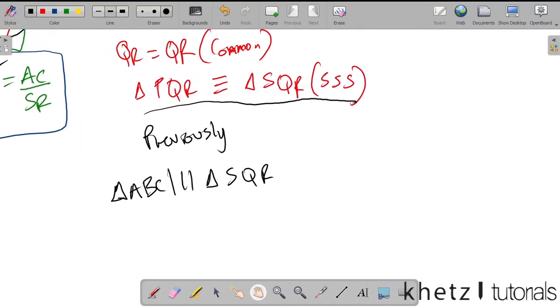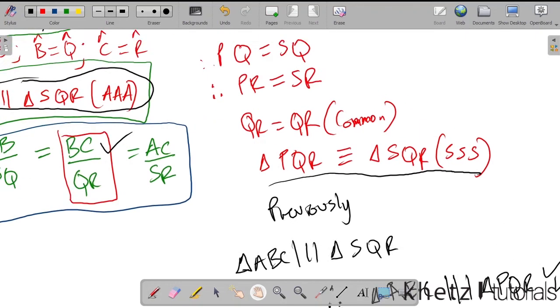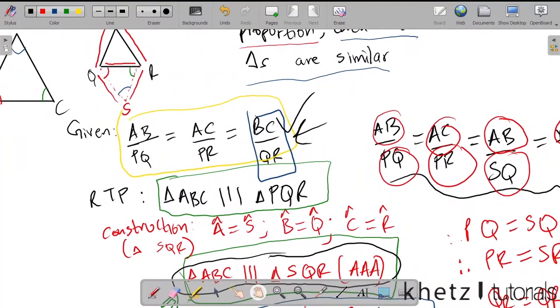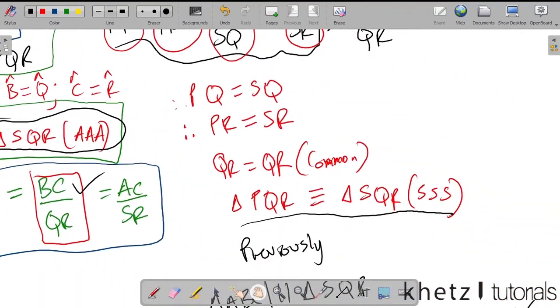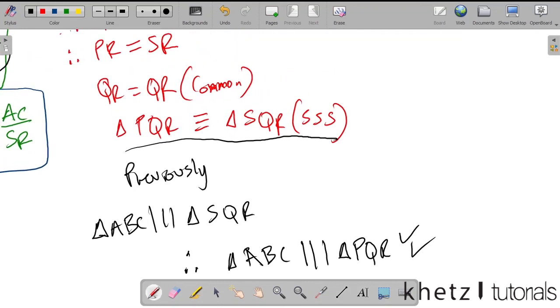And now that we've established that SQR and PQR are the same, this means that ABC and PQR are also similar. And that means we have finally proven that ABC and PQR are similar. If ABC is similar to SQR, then it's also similar to PQR because SQR and PQR are the same. They are congruent from this conclusion that we previously made.